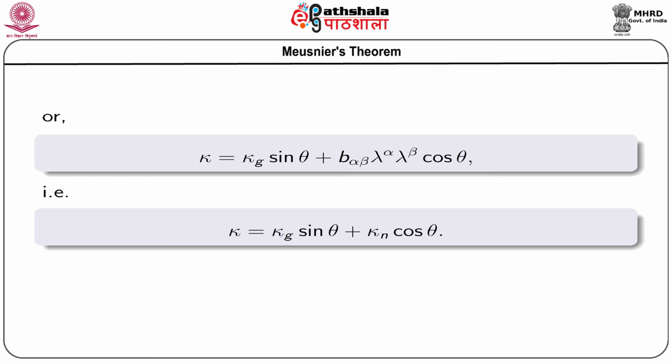So, this is a very interesting relation between the curvatures of the curves on a surface which have the same tangent vector, the kappa_g, that means the geodesic curvature of the surface, and kappa_n, that is the normal curvature of the surface.